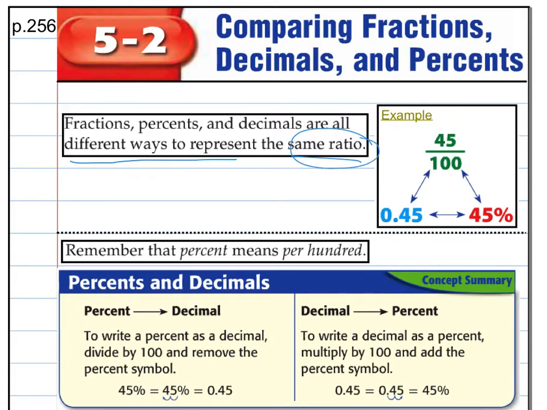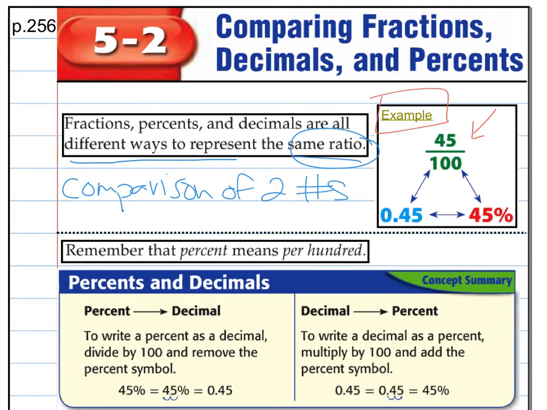Okay, so again, a comparison of two numbers is what we're looking at. Part of a whole. Sometimes that part is more than one or less than one. So for example, we can show the same thing here. This is 45 out of 100, which is read the same as 45 hundredths.